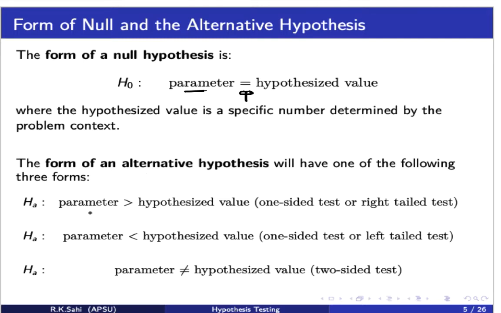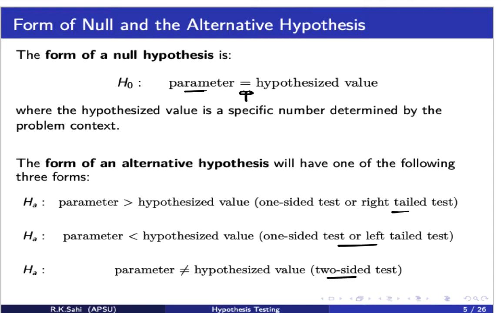The parameter is greater than the hypothesized value. That means we're looking at a right-tailed test. The parameter is strictly less than the hypothesized value. That means we're looking at a left-tailed test. Both of them are one-sided tests, by the way. And another alternative hypothesis is when the parameter is not equal to the hypothesized value. That means we're looking at a two-sided test.